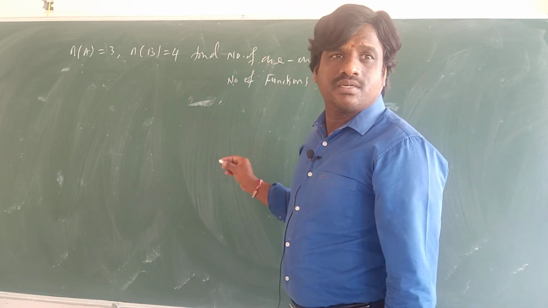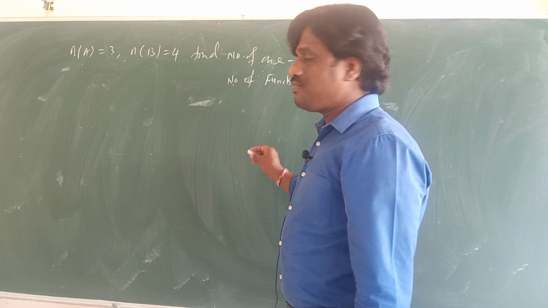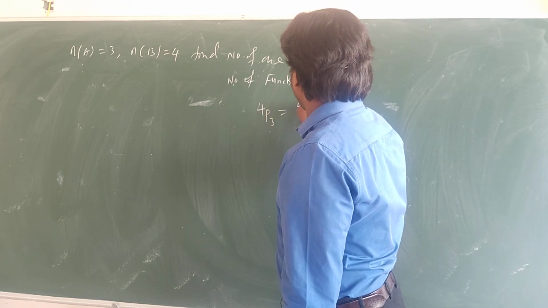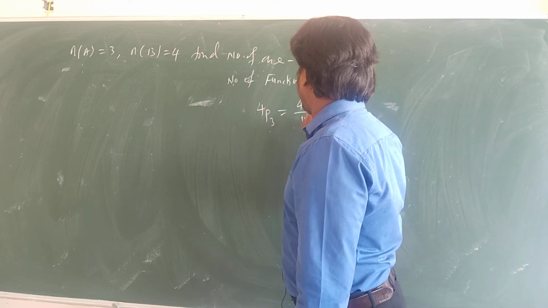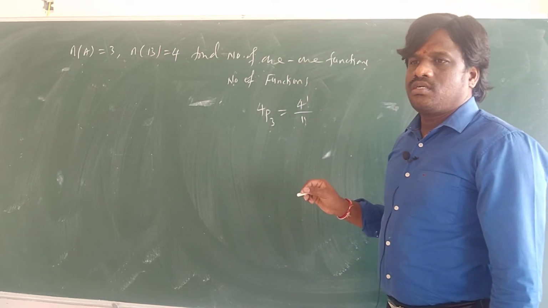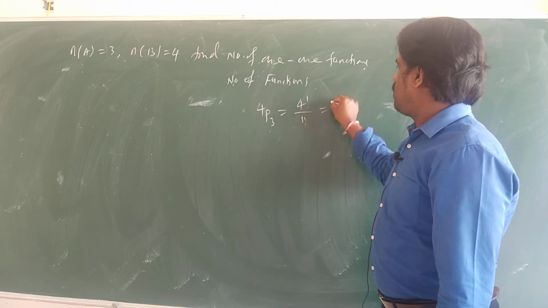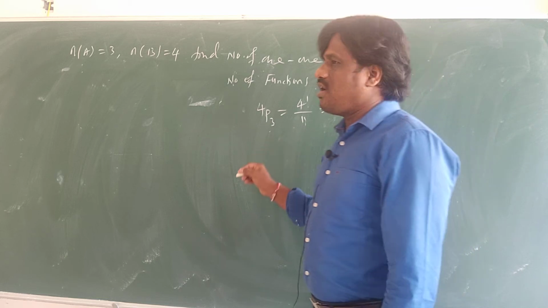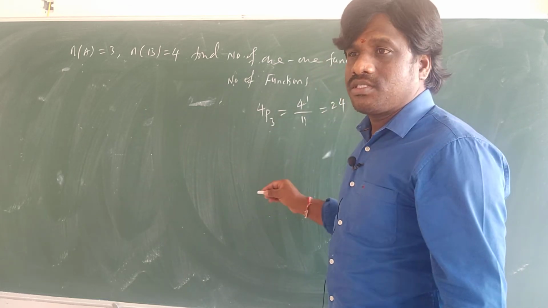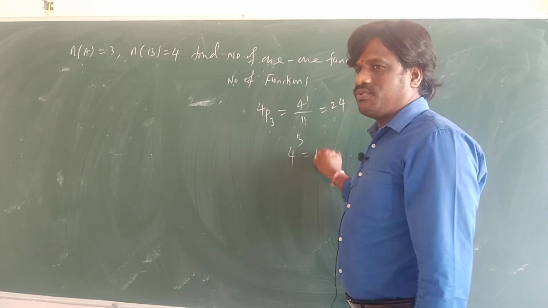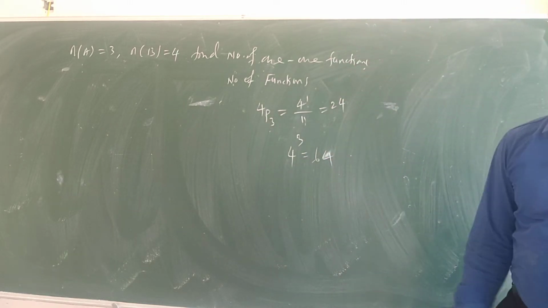N is 4, so 4P3. 4 factorial by (4 minus 3) factorial, that is 1 factorial. 4 factorial is how much? 24. So 24 one-one functions are possible. Right. Now the number of functions will be how much? 4 power 3, 64. Right.